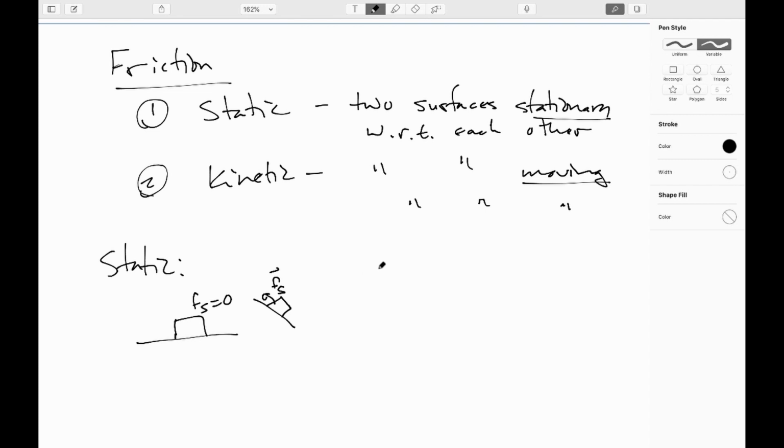So generally speaking, to find the force of static friction, you need to know one of two things. You either solve Newton's second law of motion for it, or if you're told that it is just about to slide, or similar phrasing, then we can use our model of friction for it.